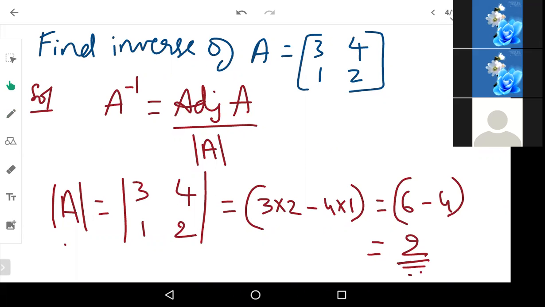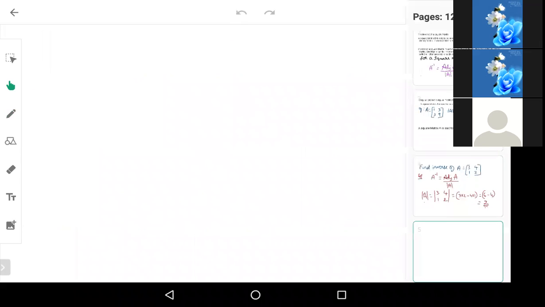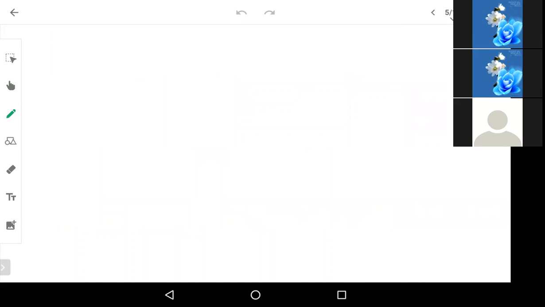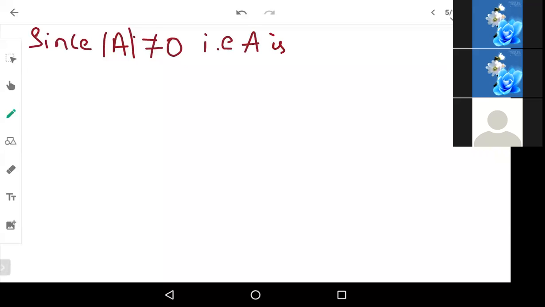Now let us write that. Since you have to write all this in the exam, okay? Since determinant A is not equal to 0, A is a non-singular matrix.